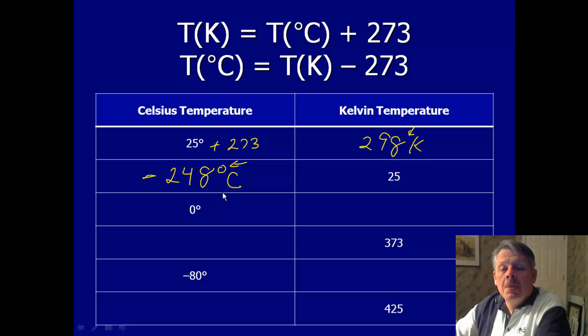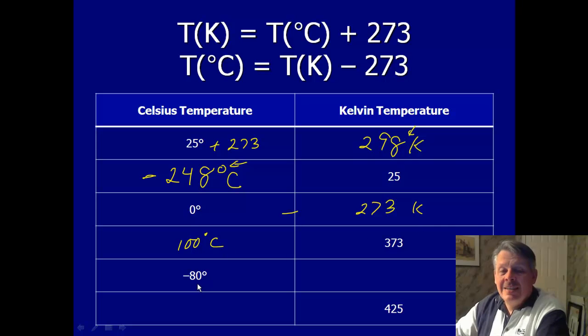Right? So, what I would like you to do is go and see if you can do the next four, and then pause the video, see if you can do them, and then we'll come back together. Okay, your first one, you're adding 273, so that's 273. Here you're subtracting 273, so that's going to be 100 degrees Celsius.